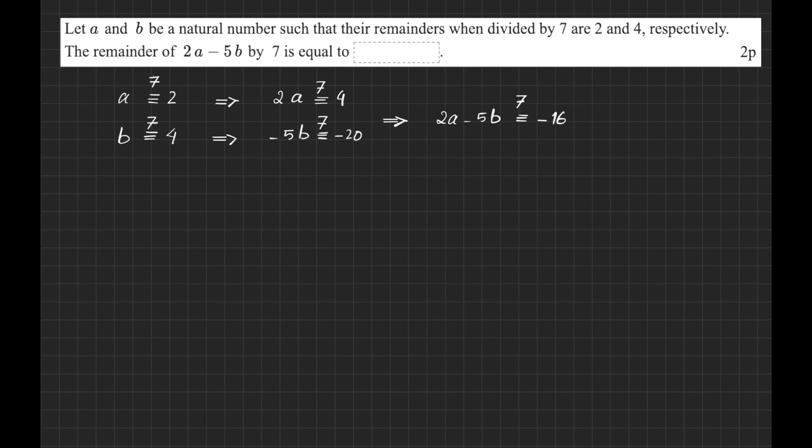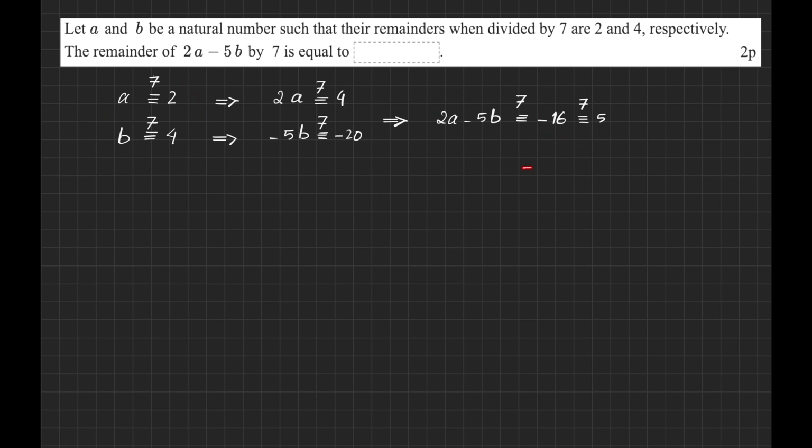So in principle I am done, but you know that this number is not acceptable as the remainder. I have to write a number which is another name for minus 16, respecting the fact that this number should be non-negative and less than 7. And there is only one number with that property, and that is 5 modulo 7. Why is this correct? Why is minus 16 congruent to 5 modulo 7?